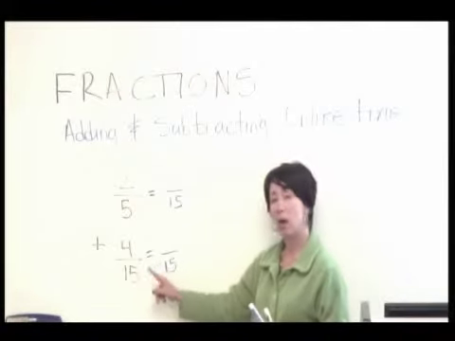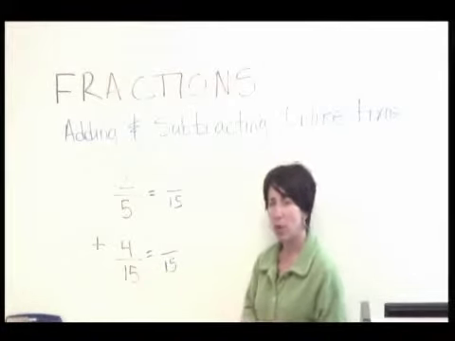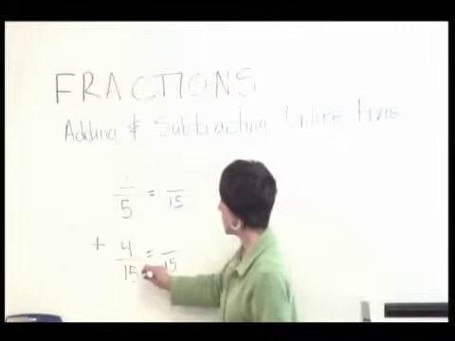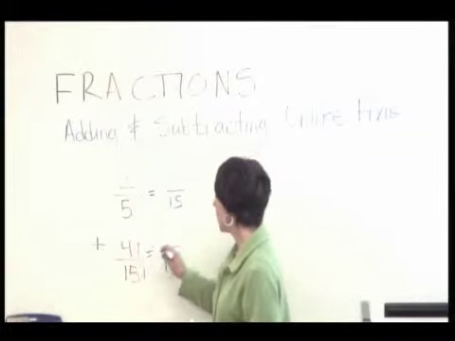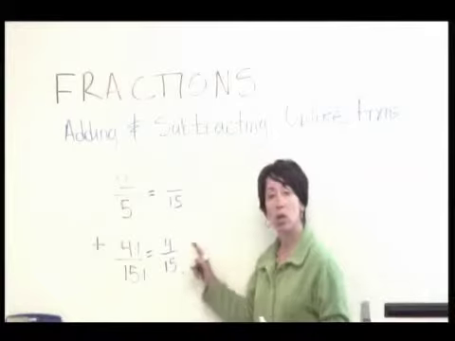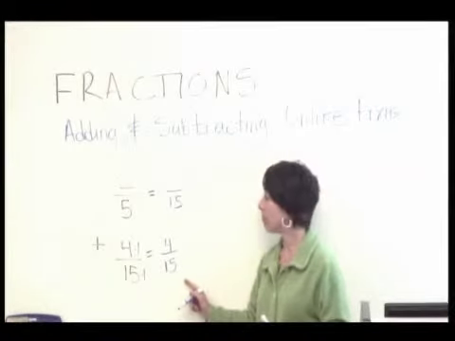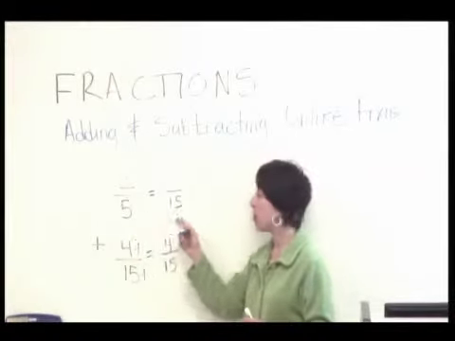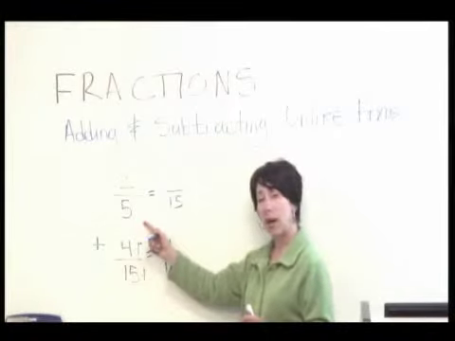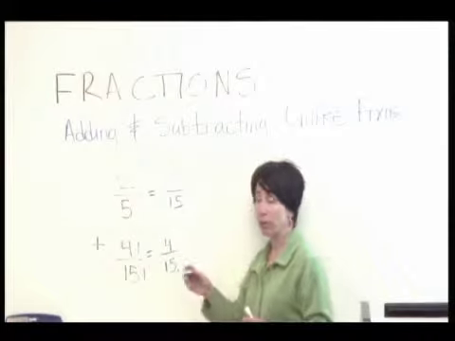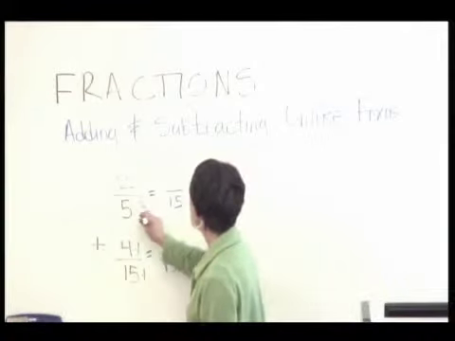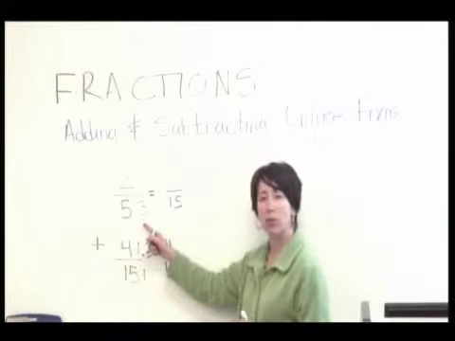Now because my denominator doesn't change here, my numerator doesn't. 15 times 1 is 15 and 4 times 1 is 4. So this fraction stays the same. However, here my denominators are different, and the relationship between 15 and 5 is a factor of 3. To get to 15 from 5, we multiply by 3.